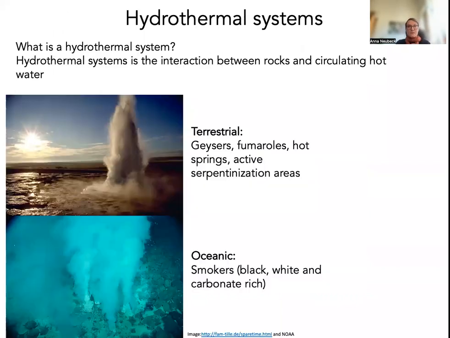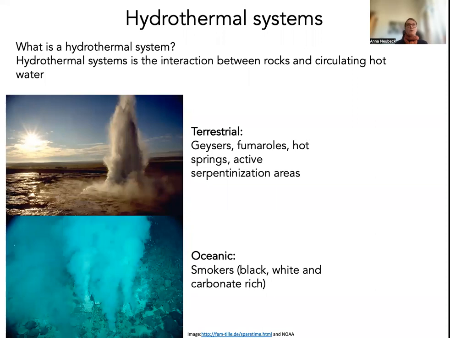Yes, so hydrothermal vents, what are they? As you can hear already in the words hydro and thermal, it's about water and heated water, and the hydrothermal system is the interaction between rocks and circulating hot water. So the contact between rocks and water, basically.